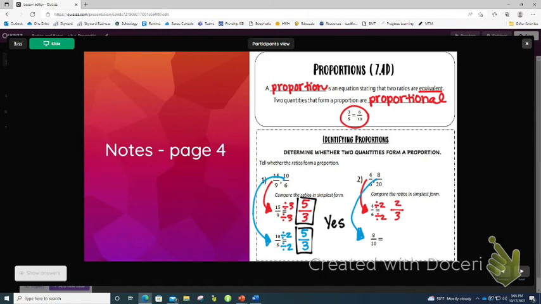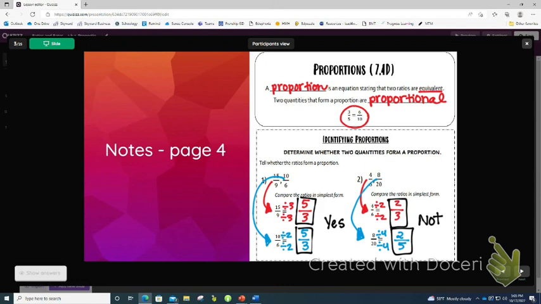Both of those can be divided by 4. To simplify, 8 divided by 4 is 2. 20 divided by 4 is 5. So now when we compare them, 2/3 and 2/5 are not equivalent, which means they do not form a proportion.